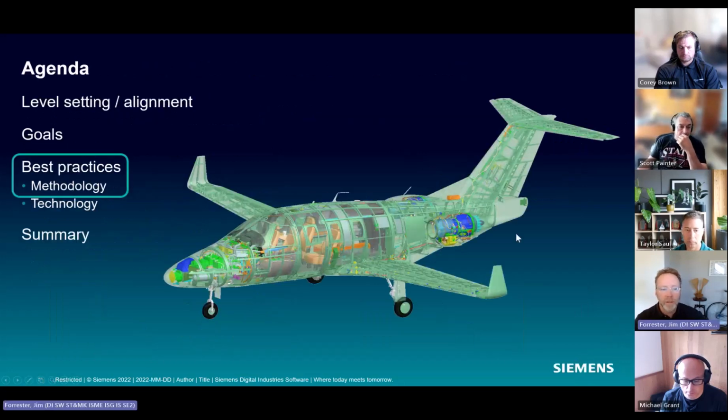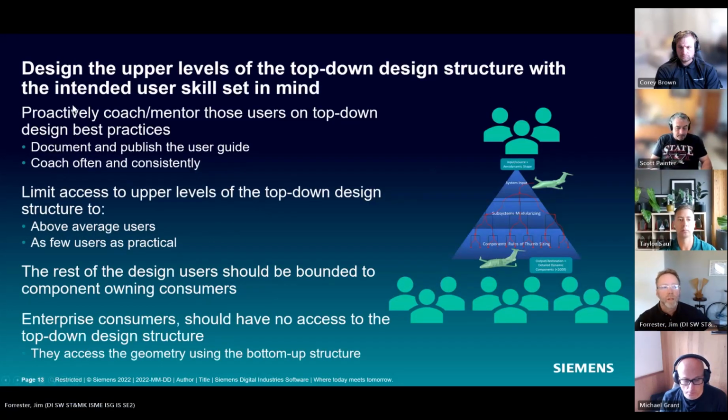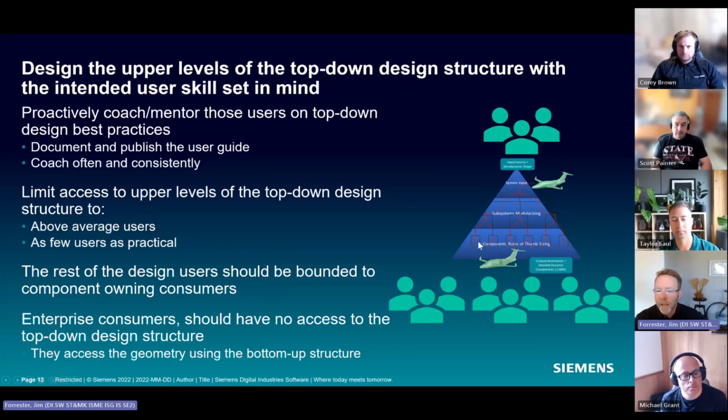Best practices with respect to all of the stuff I just talked about. We're talking about methods here. Design the upper levels of the top-down design structure with the intended user's skill set in mind. So think about what you're doing here in this structure. Think about what your resources, what their skill level is, who the component owners at the bottom of the structure are, what their skill level is, and design it considering all of those things.